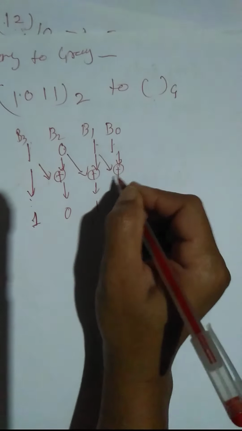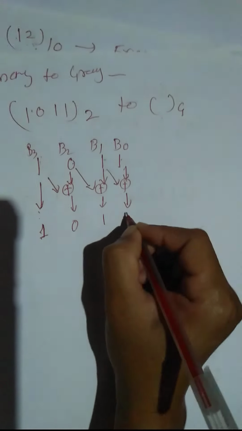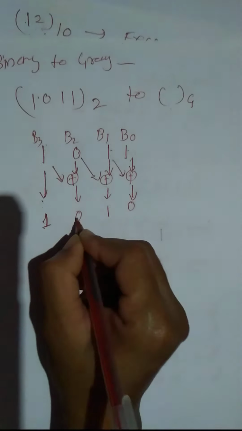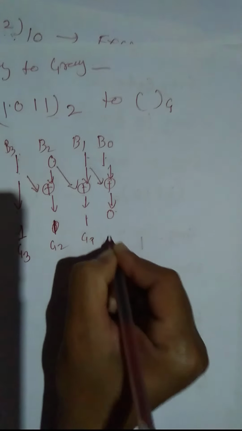Next bit we add: 0 plus 1 is 1. Next bit we XOR: 1 plus 1 is 0. So the answer is 1 1 1 0, meaning the gray code bits G3, G2, G1 and G0.